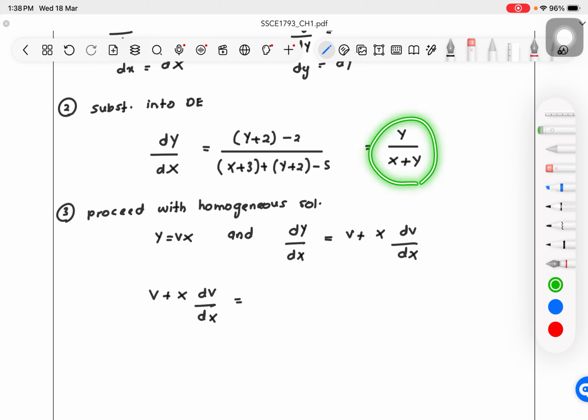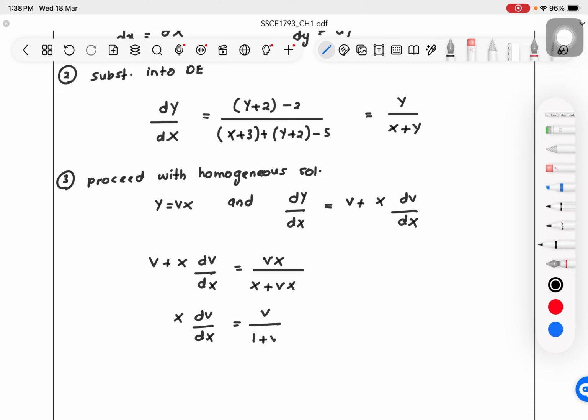We substitute inside here. Now you simplify it. So this one is equal to, simplify again.